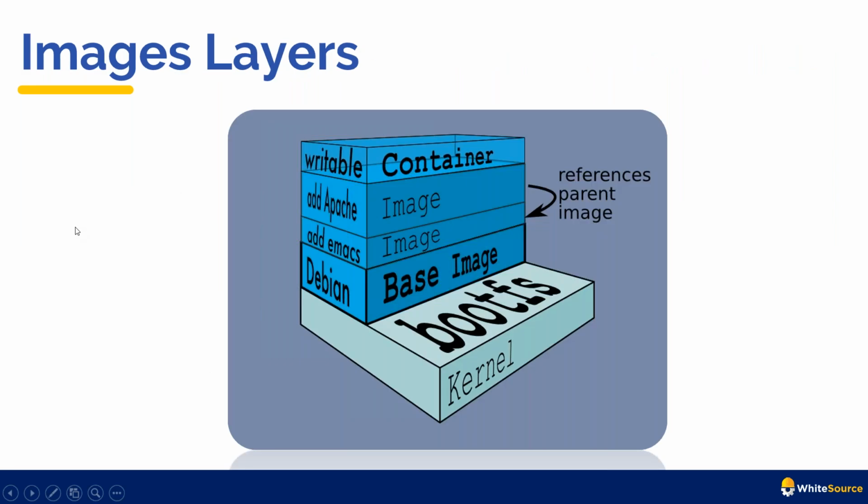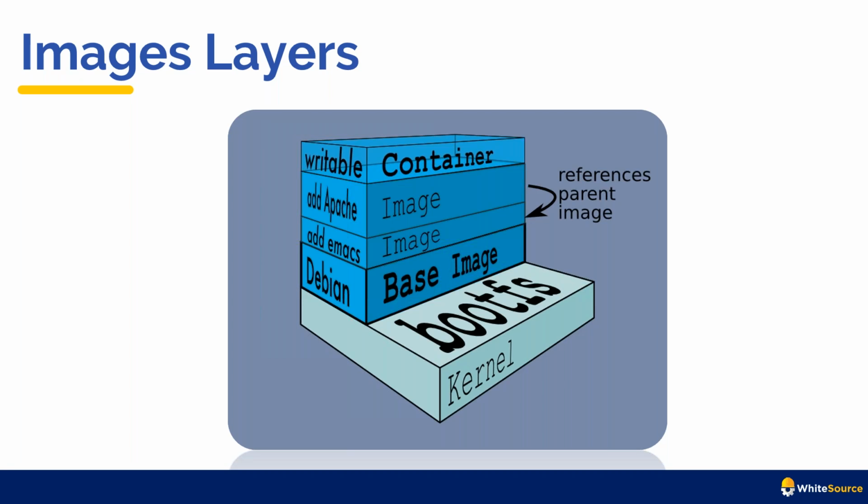Now, image layers are a very important concept to understand when speaking about security. Usually we have the Linux kernel. This is the base of our container. Then we have the base image. If you look at a Dockerfile, you'll see FROM Ubuntu, FROM Alpine. This is the Linux distribution, and we call it the base of an image.